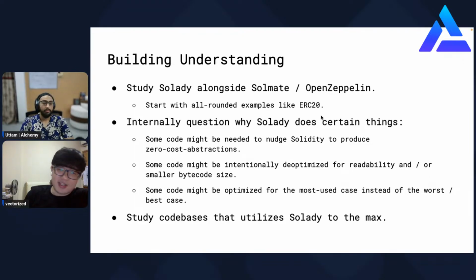Then sometimes if you see ugly code in Solidity, you might want to question why the code is written this way. Sometimes I intentionally duplicate code because I know if I don't, the compiler might not inline it. Sometimes I write the code in a way that is not so optimized because I know that this function may be called once in a blue moon.